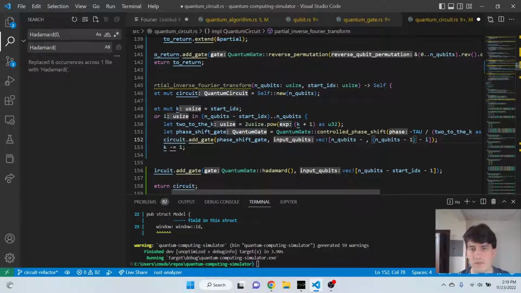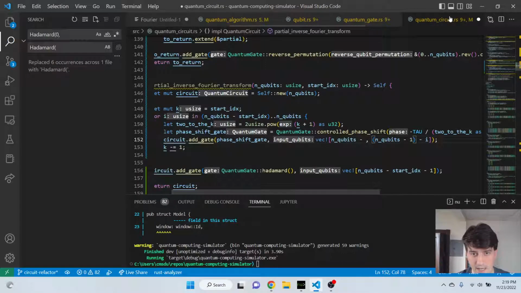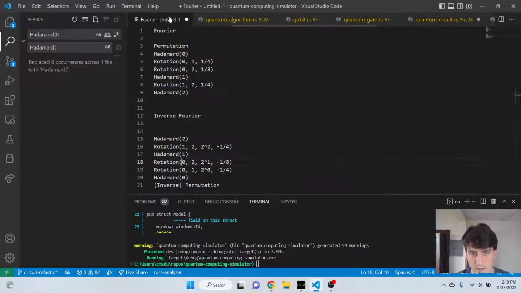N qubits minus 1 minus I. And then the other one is the outer loop. And so that's going to be just start IDX. No, it's not.